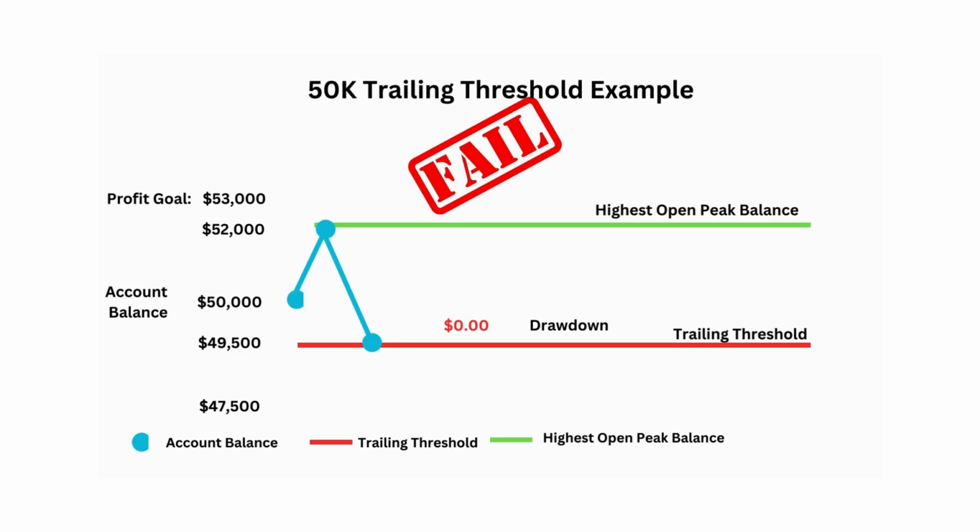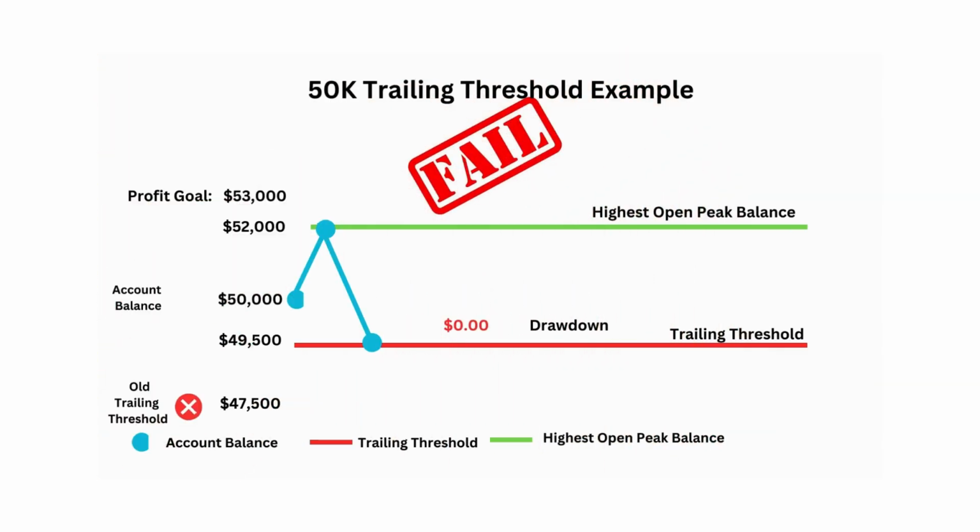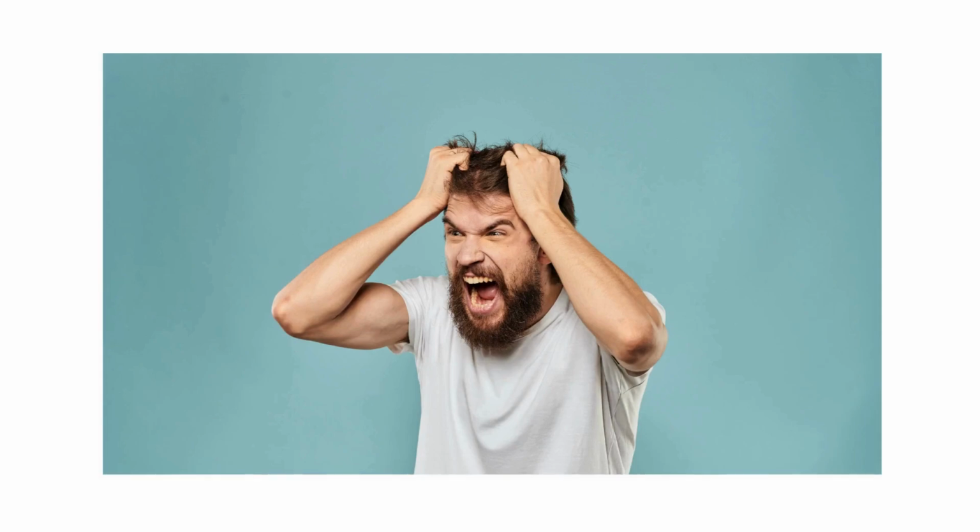Now, the old me who didn't fully understand the trailing threshold was like, but my threshold is at $47,500. My account should still be active. I only lost $500, so I should still have a $2,000 drawdown left.